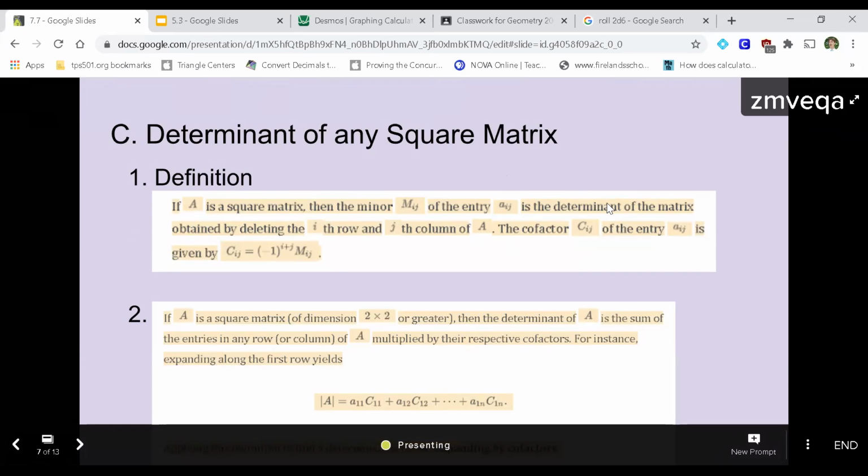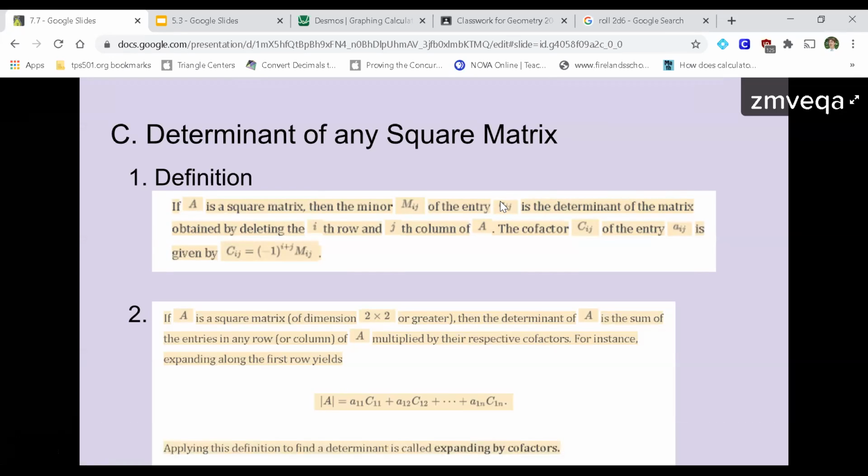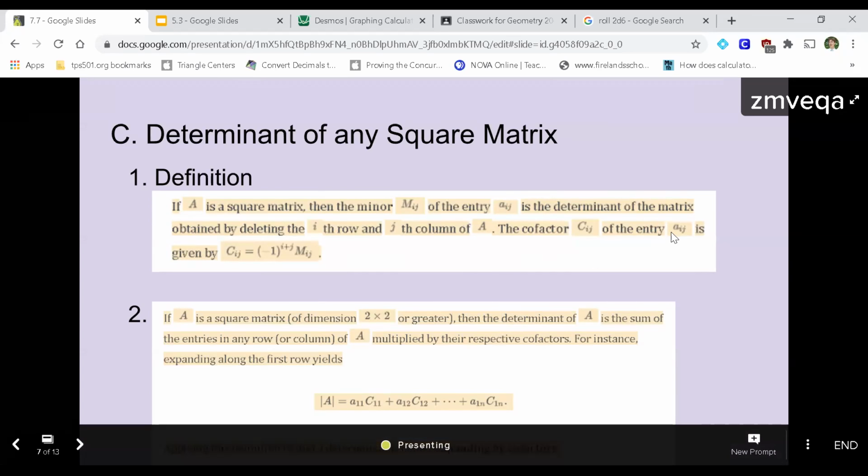To find that, I delete the row and column of that entry from matrix A, and that'll leave over a smaller matrix, which I then take the determinant of. That's the minor. I then multiply the minor by either positive or negative 1, depending on where it is in the matrix, and that gives me the cofactor.